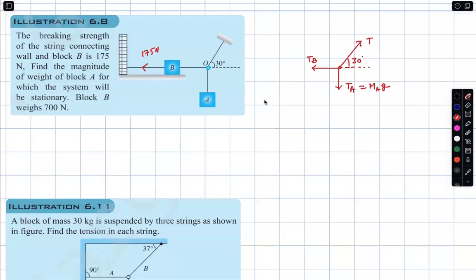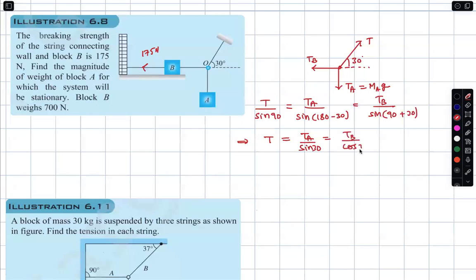Now I am applying Lami's theorem. T by sin 90 is equal to TA by sin(180 minus theta) is equal to TB by sin(90 plus 30 degrees), which implies T is equal to TA by sin 30 is equal to TB by cos 30.